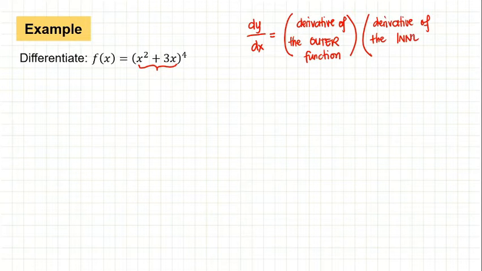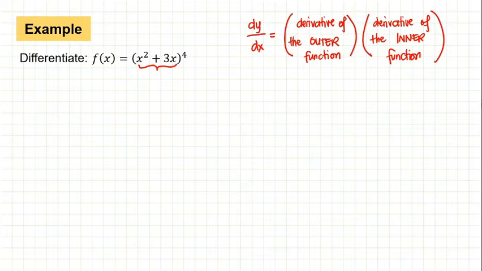Always remember this one. Okay? Chain rule, what you're going to do is to take the derivative of the outer function times the derivative of the inner function. In taking the derivative of the outer function, we will leave the inner function alone, or we will not change the inner function.